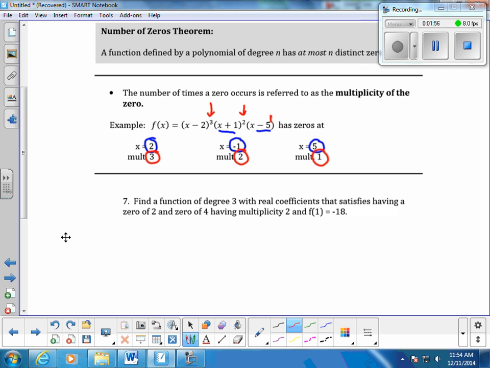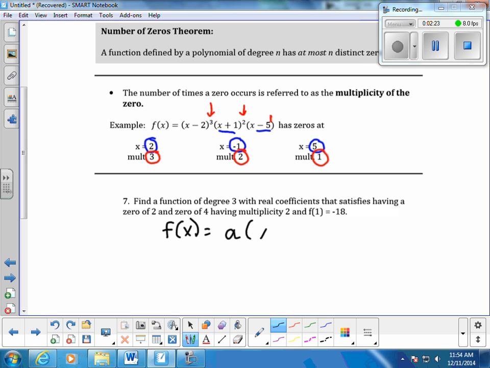So number 7, we're going to look at an example where we find a function of degree 3 that has a zero of 2, a zero of 4 having multiplicity 2, and then we evaluate that. So let's look at what this means. We take our function, and we're going to put an a out front to represent some number.